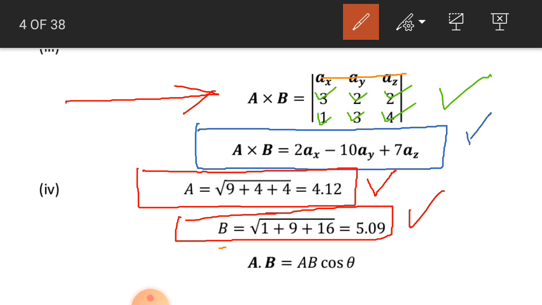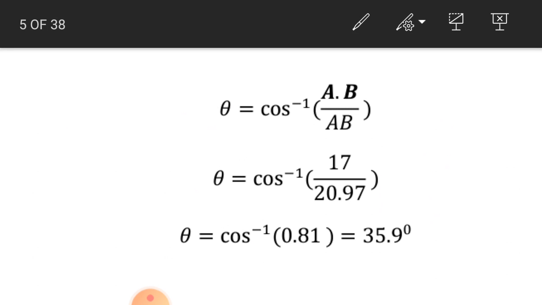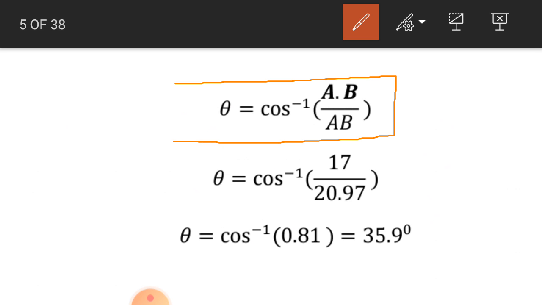We know that A dot B is equal to AB cos theta. So we calculate the angle from here. The angle between these two vectors, theta, will be equal to cos inverse of A dot B divided by AB.